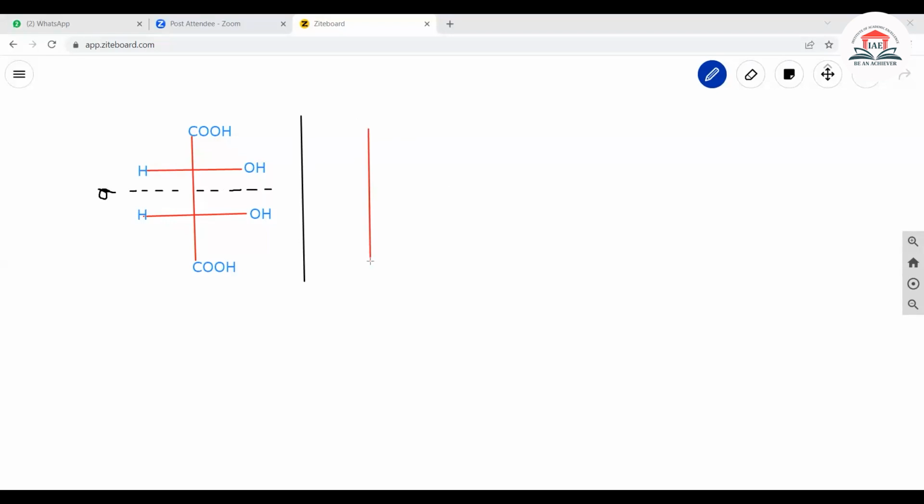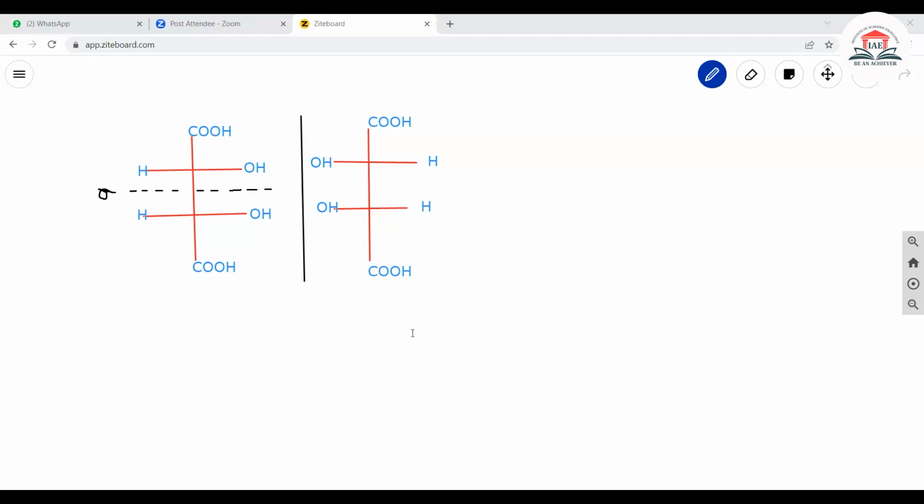And two OH atoms will be on the left side and H will be on the right side. Yeah. So this is the mirror image of mesotartaric acid.